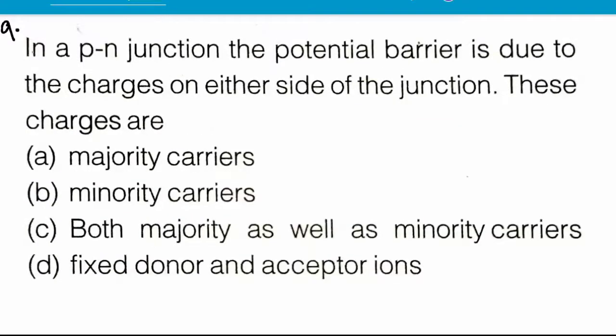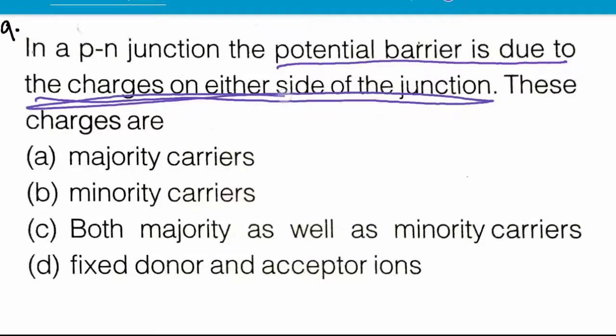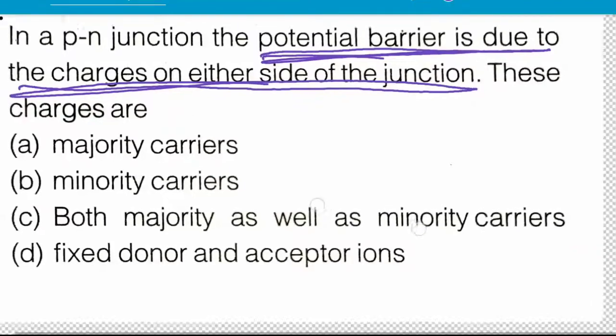In a PN junction, the potential barrier is due to the charges on either side of junction. Consider this sentence first. First, I want to explain what is the potential barrier. This is the mechanism.